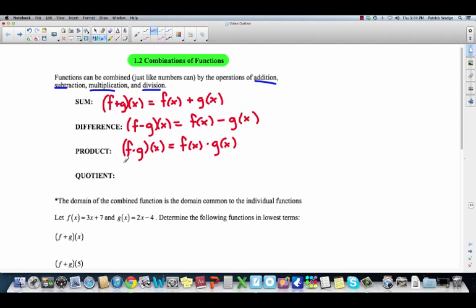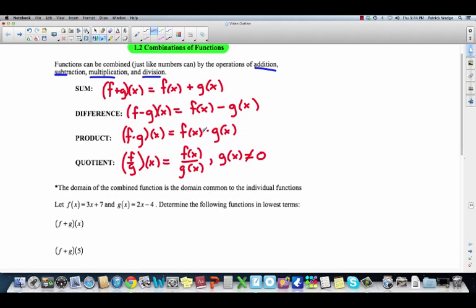And for the quotient, that's division, of two functions in terms of x, you figure out what one function is equal to in terms of x, figure out what the other function is in terms of x, and divide them. In this last case, we should say something about g of x. Since it's in the denominator position, we should say that g of x cannot be equal to 0, because you can never divide by 0.